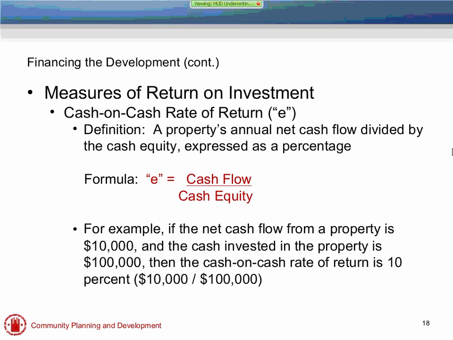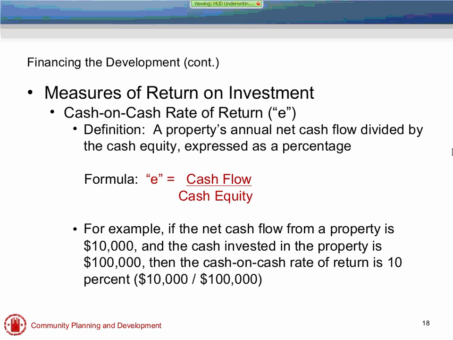And what that's telling somebody who's an investor is that if they invest $1, they should be getting back 10 cents in cash flow in this particular year. This is probably the most common way of evaluating return on investment in the multifamily rental housing arena.